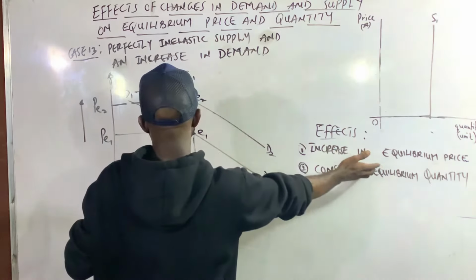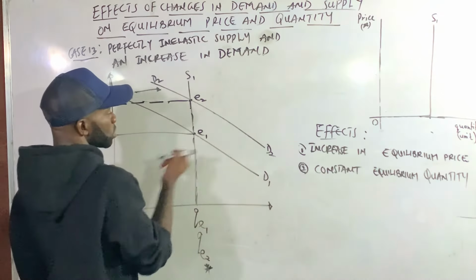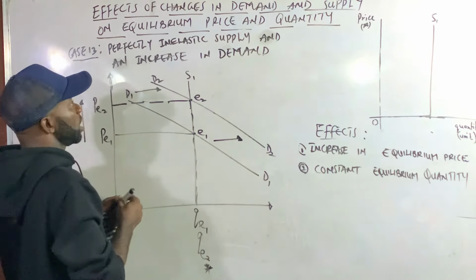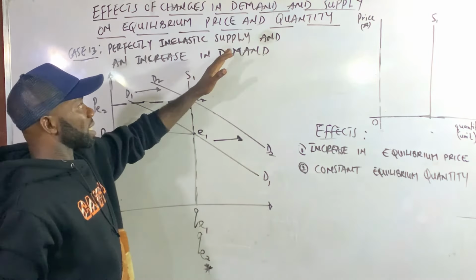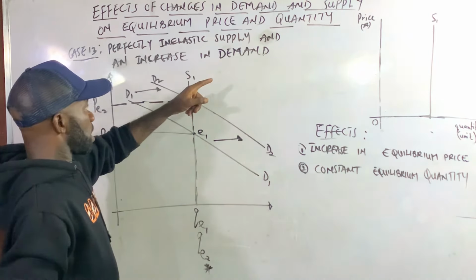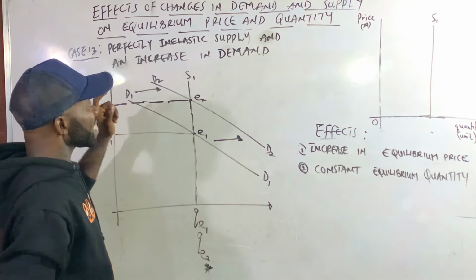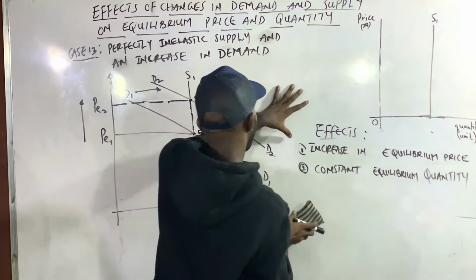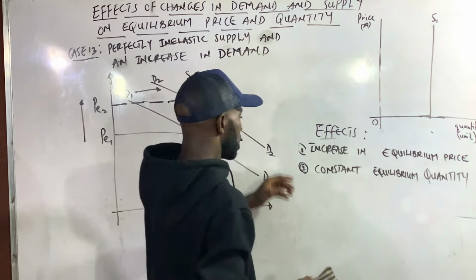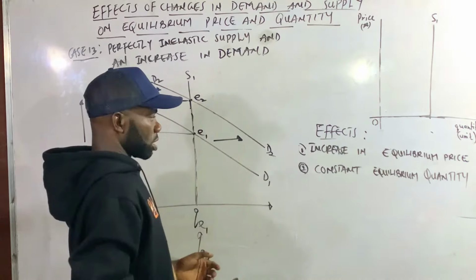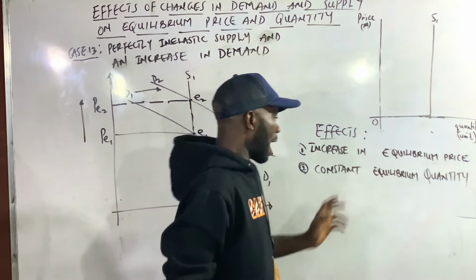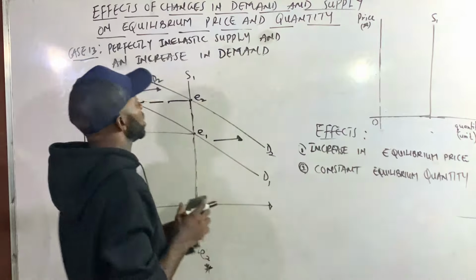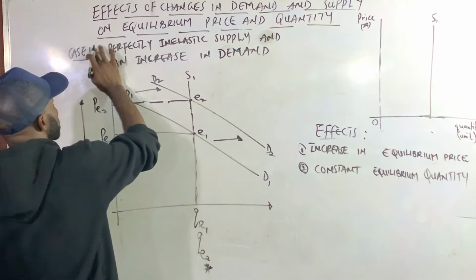So if the examiner wants you to find an answer to a question that says, with a perfectly inelastic supply, an increase in demand will lead to dash, the correct answer is the one that accommodates an increase in equilibrium price and a constant equilibrium quantity. And then we move to case number 14.